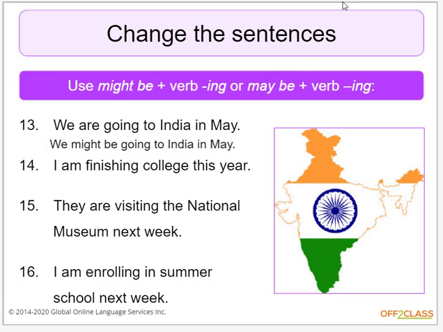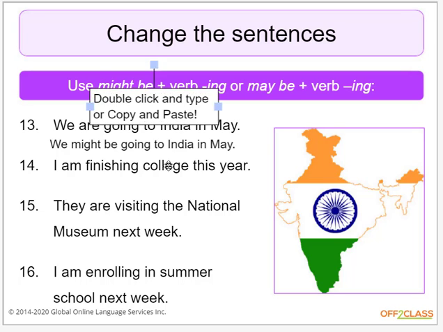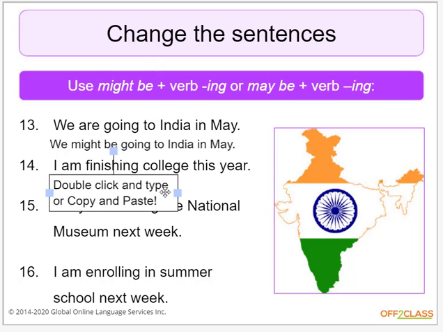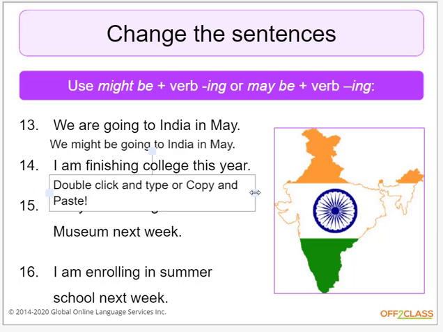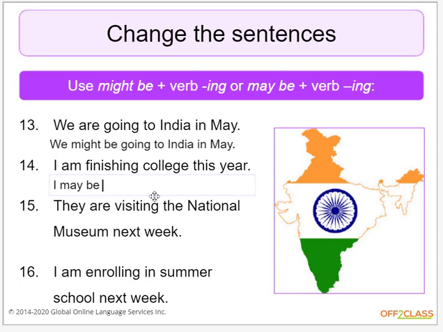Okay, let's do one more. I am finishing college this year. Right, so how do we make it from a sure thing to a possible thing? I may be finishing college this year. Now you might be asking, when do I use may versus might?